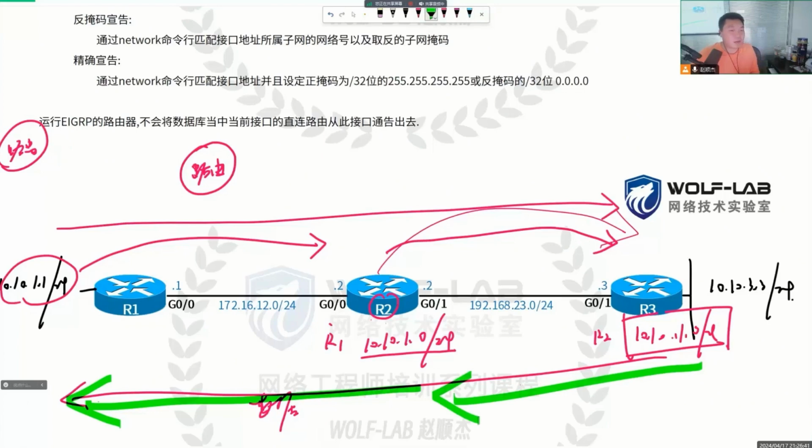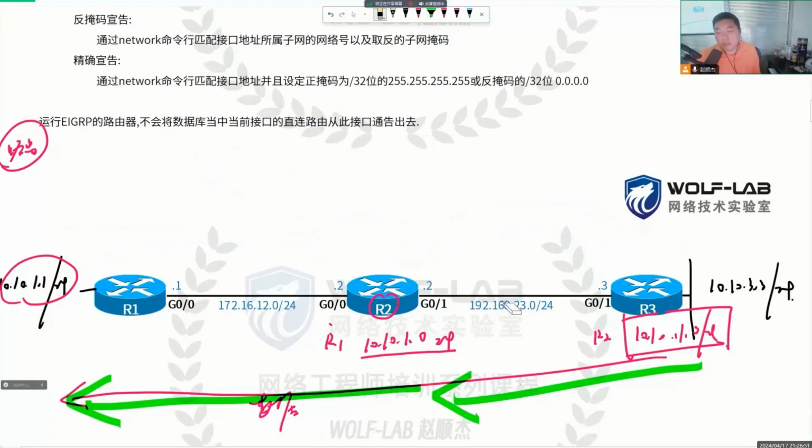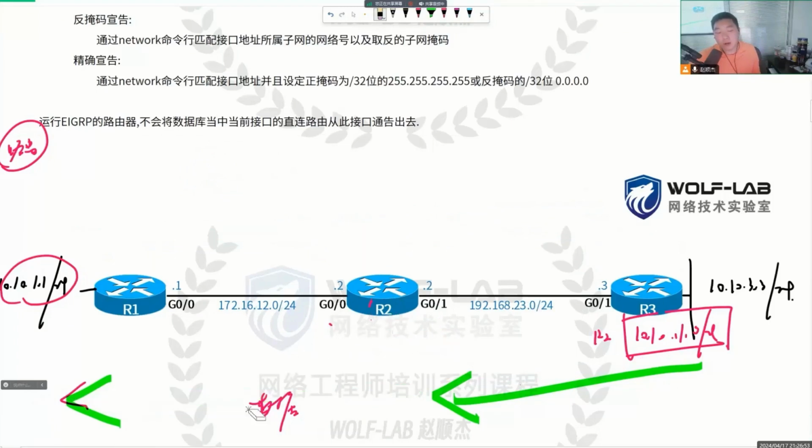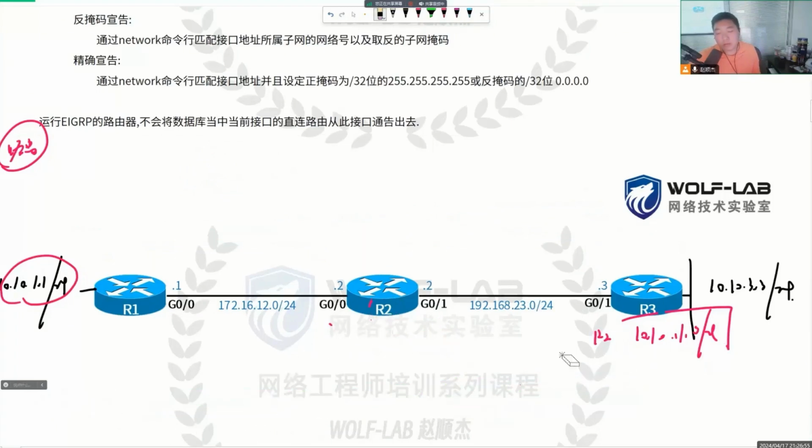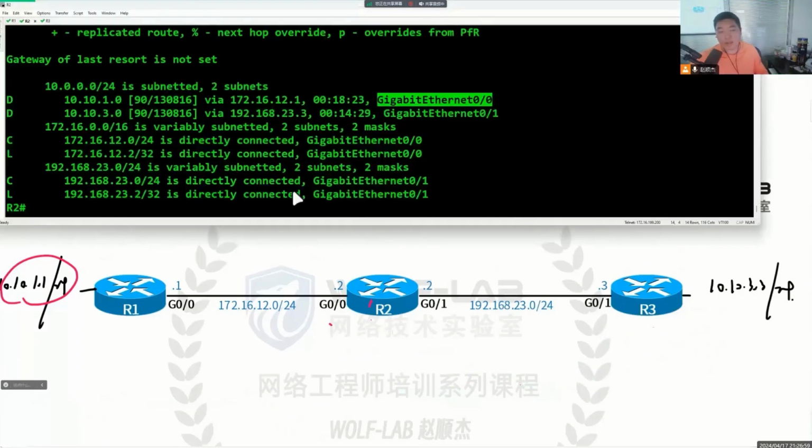When R2 announces this route to R3, R3 knows the 10.10.1.0/24 route that R2 told me. When R3 wants to access 10.10.1.0 in the future, it goes back through R2. There are two directions of the distance vector routing protocol. The direction of route propagation and the direction of data traffic are exactly opposite.